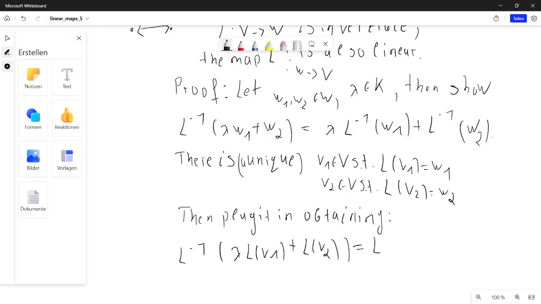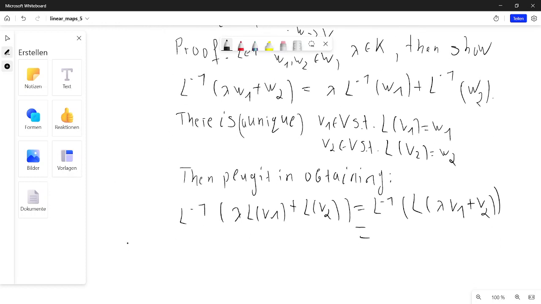Okay, what do we get? L minus 1, just use linearity of L. So let's write plugging in properly: lambda W1 plus W2 is equal, right?